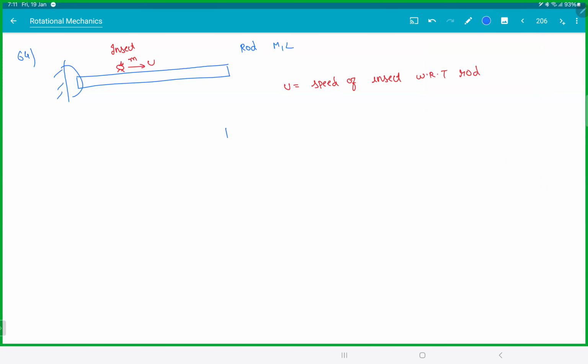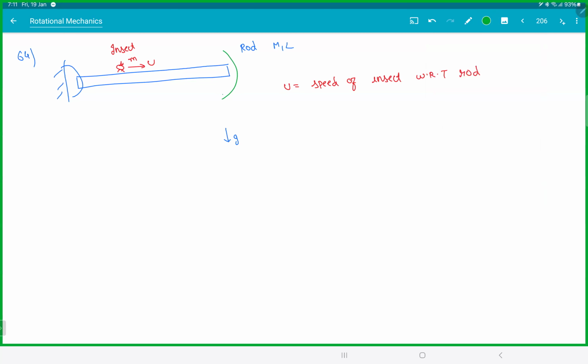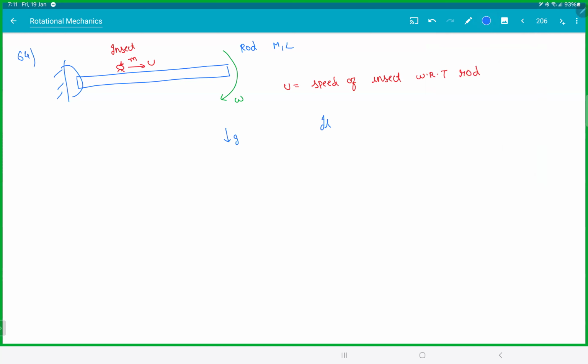Gravity is there. But what people observed when this insect is moving is that the rod is rotating with constant omega. Technically speaking, shouldn't the rod fall faster and faster? It is observed the rod rotates with constant omega in the vertical plane, even though there is gravity.